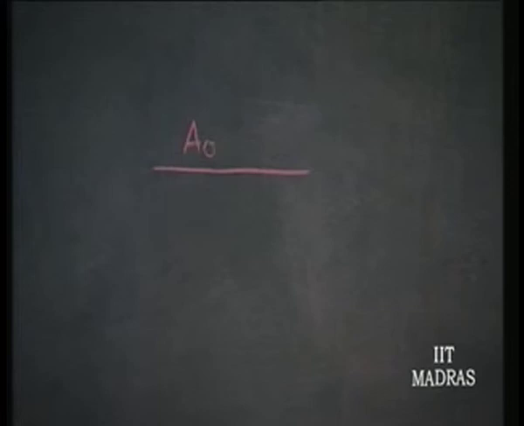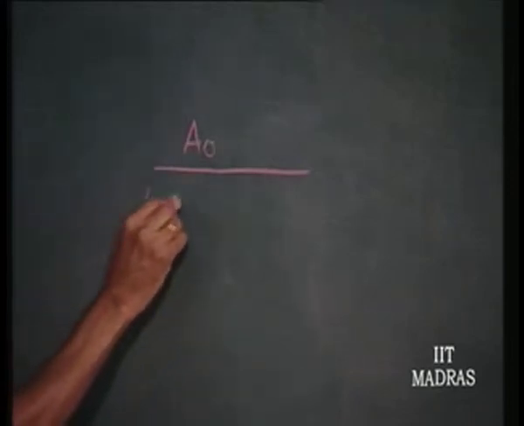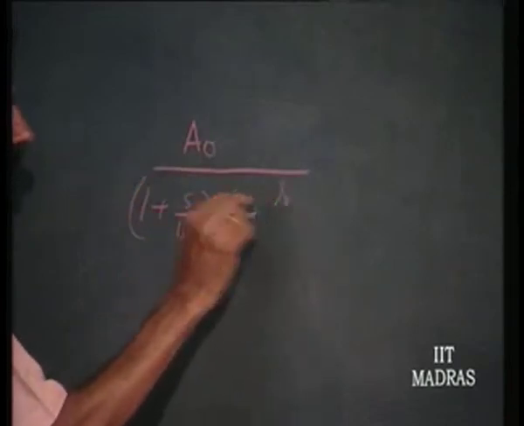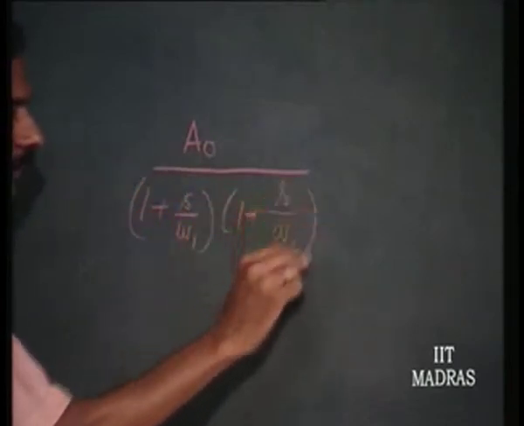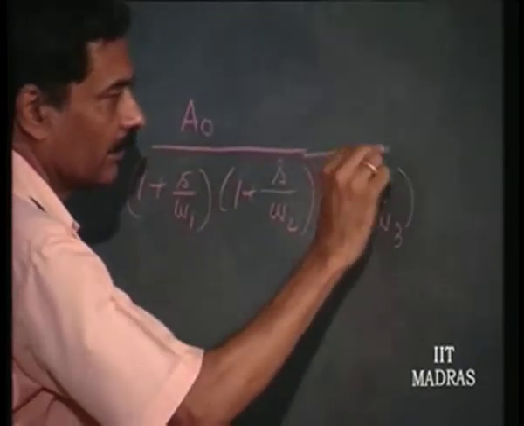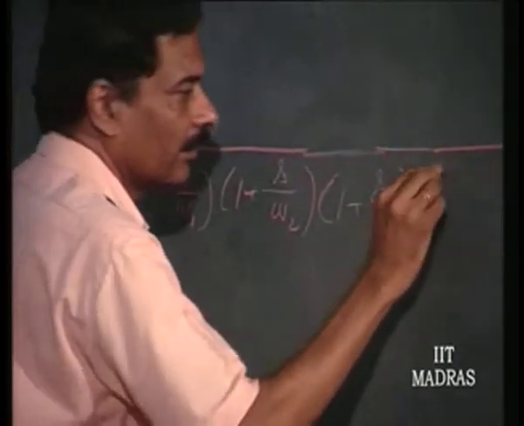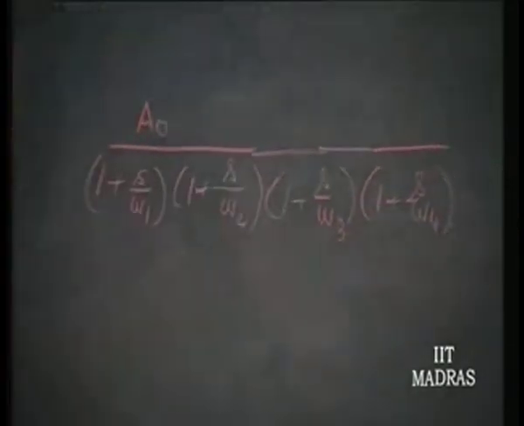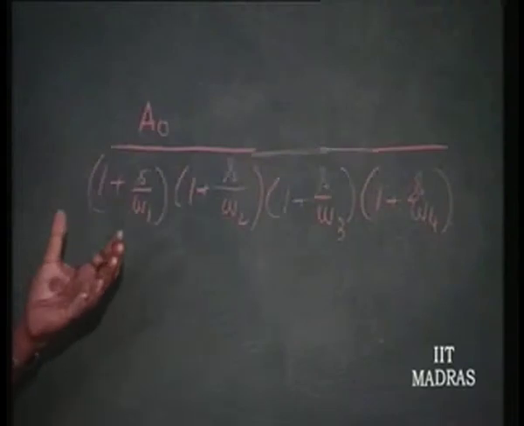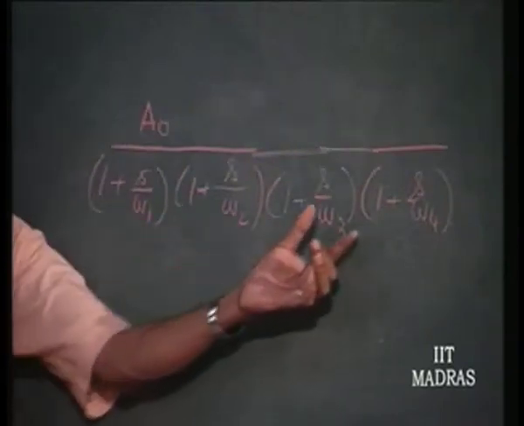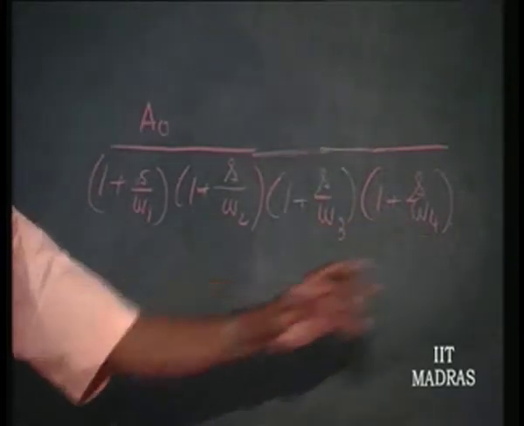So, 1 plus S by omega 1, 1 plus S by omega 2, 1 plus S by omega 3, if this is the first corner frequency, this is the second one, this is the third one, this is the farthest one.